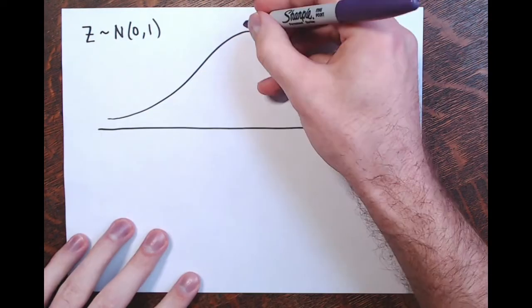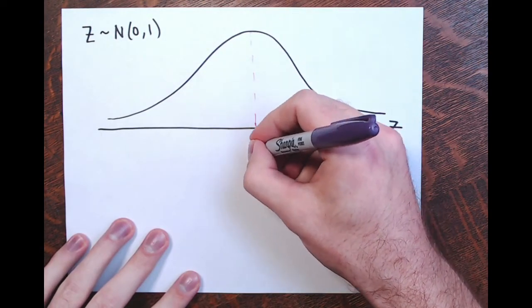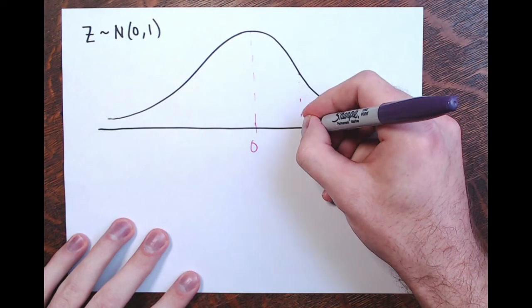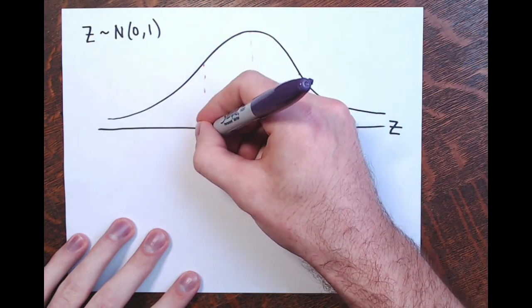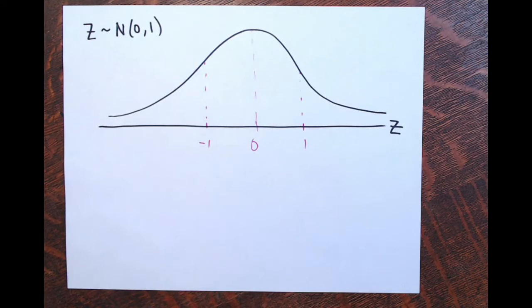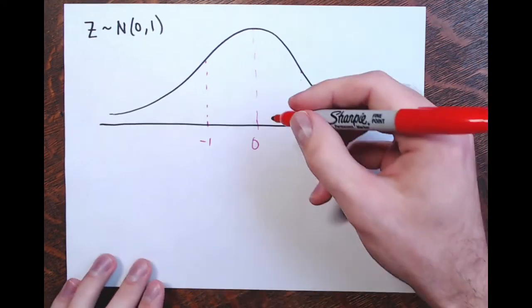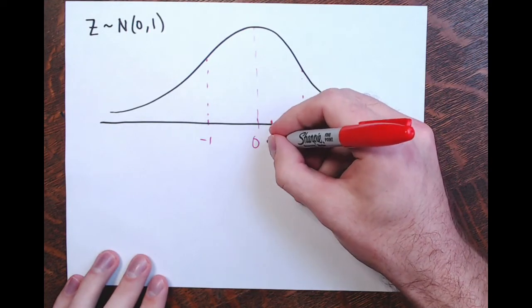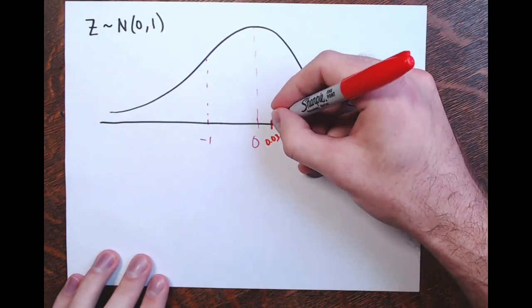The mean is at 0. These inflection points are 1 above and 1 below, and so on, right? Now we're asked to find the probability or the area to the right of a z-score of 0.03. So let's say that's here, 0.03.